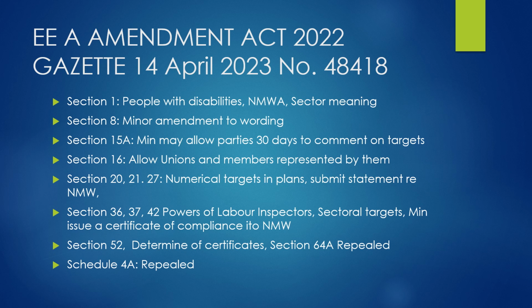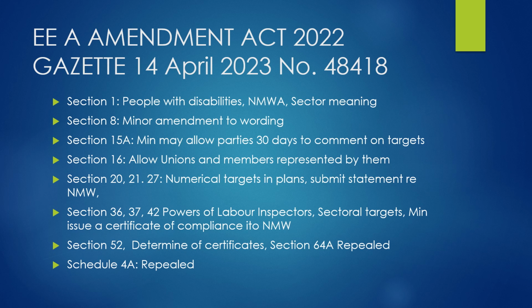In 2022, there was an act that came into operation, which was gazetted on the 14th of April 2023, Government Gazette number 48418. That basically deals with Section 1, people with disabilities, Section 8, minor amendments to the wording, Section 15A, minimum wage allowances, allowing parties 30 days to comment on the targets, and Section 60, allowing unions, members represented by them, certain rights, numerical targets in plans, in terms of Section 20, 21, 27, Sections 36, 37, 42, powers of labour inspectors, sectoral targets, and so forth.